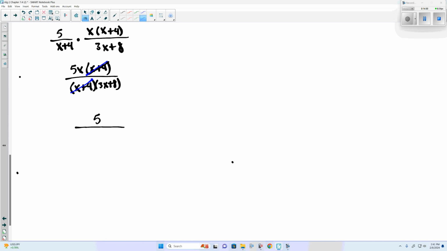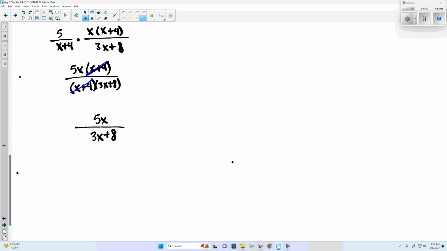5x over 3x plus 8. Now we can't simplify our 5x and 3x because the 3x is connected with our 8. And 3x plus 8 does not factor any further because 3 and 8 do not have any like terms.